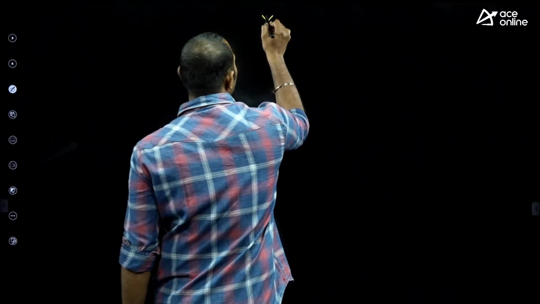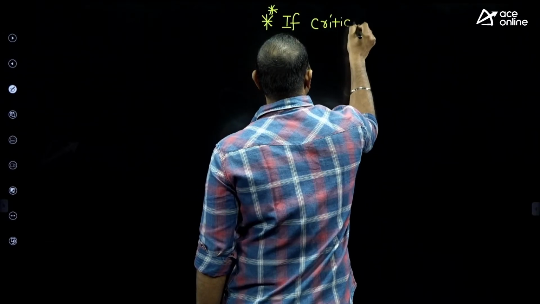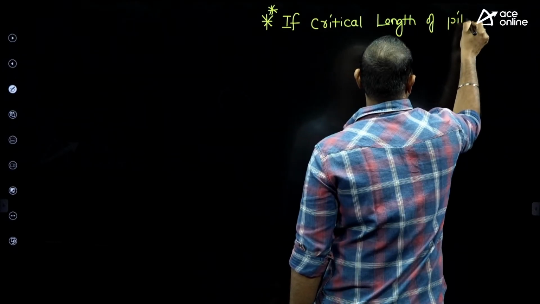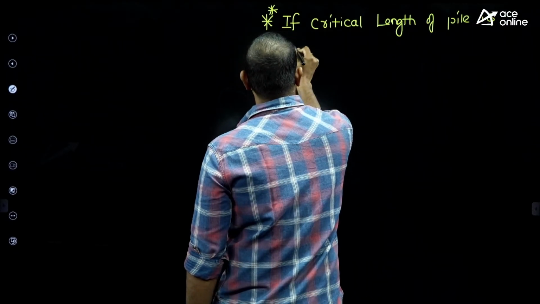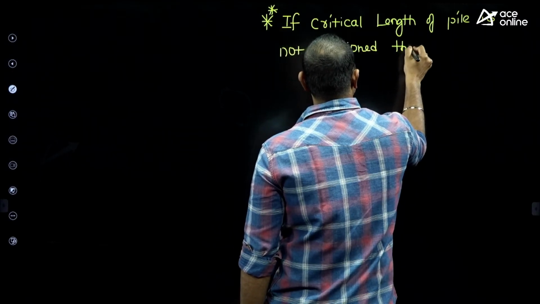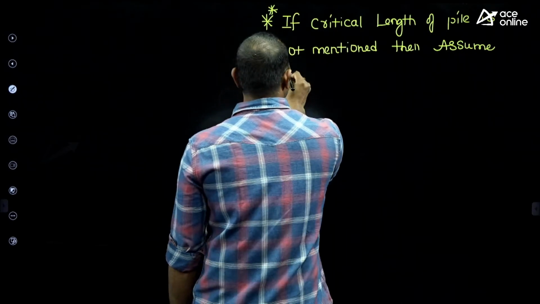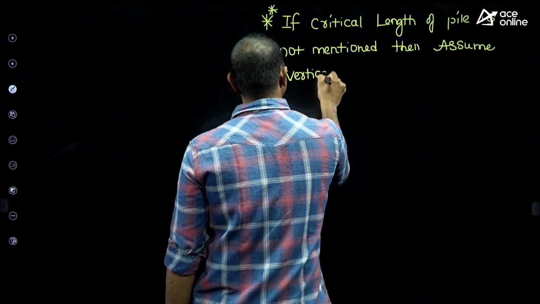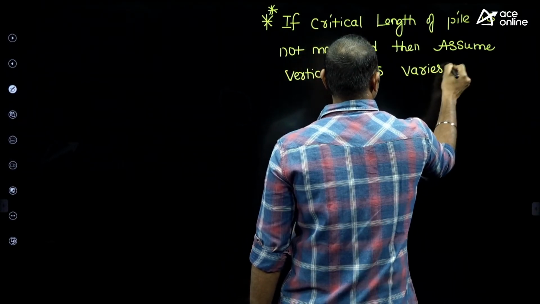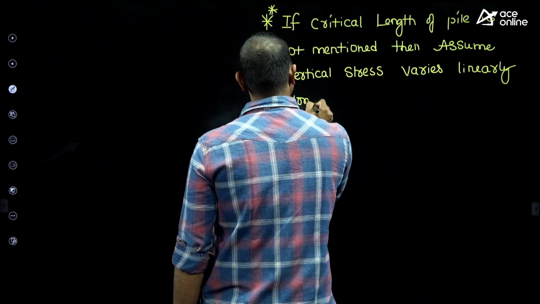So this point is very important: if the critical length of the pile is not mentioned, then assume the vertical stress varies linearly along the entire length.